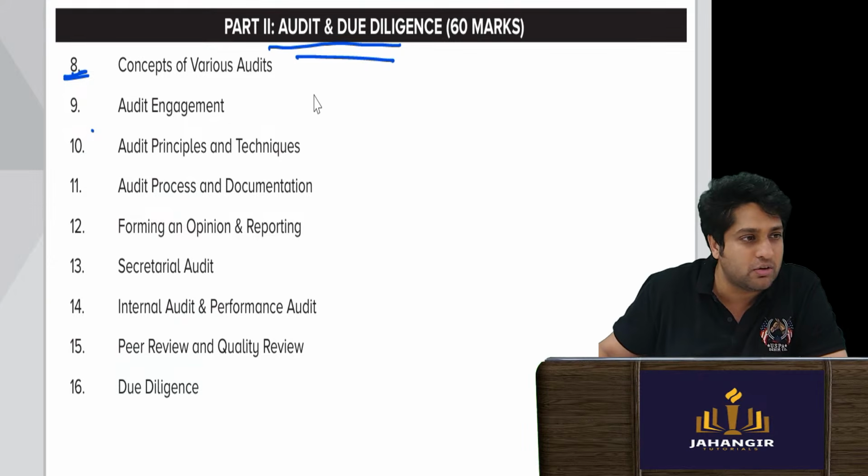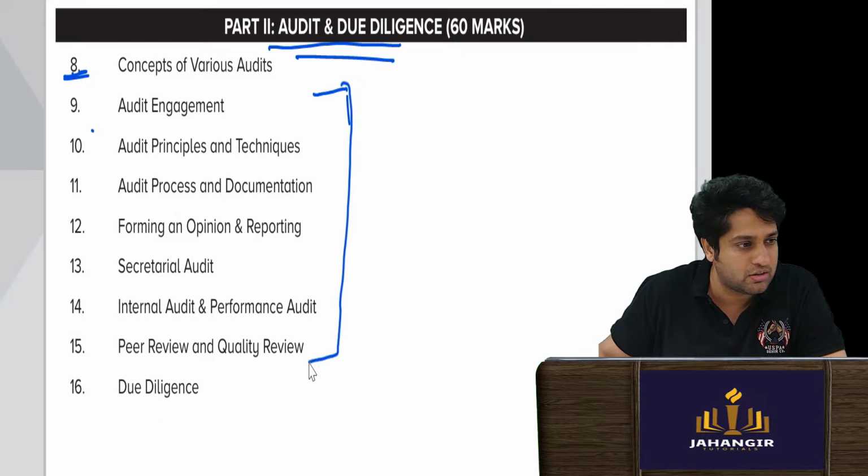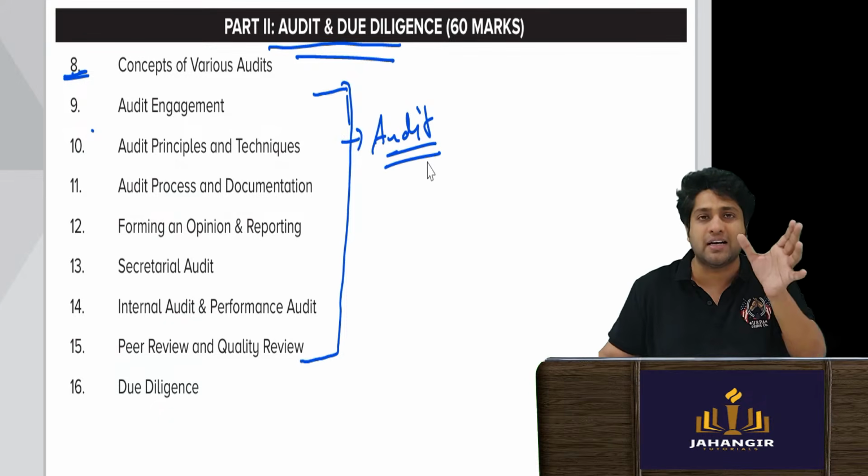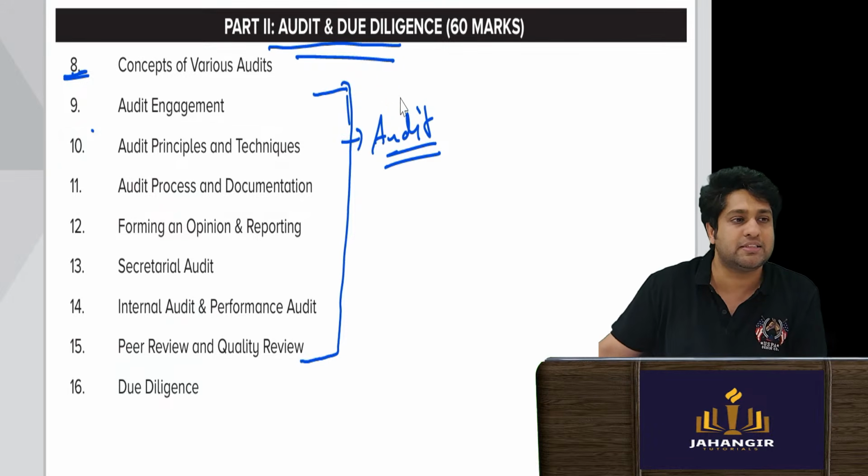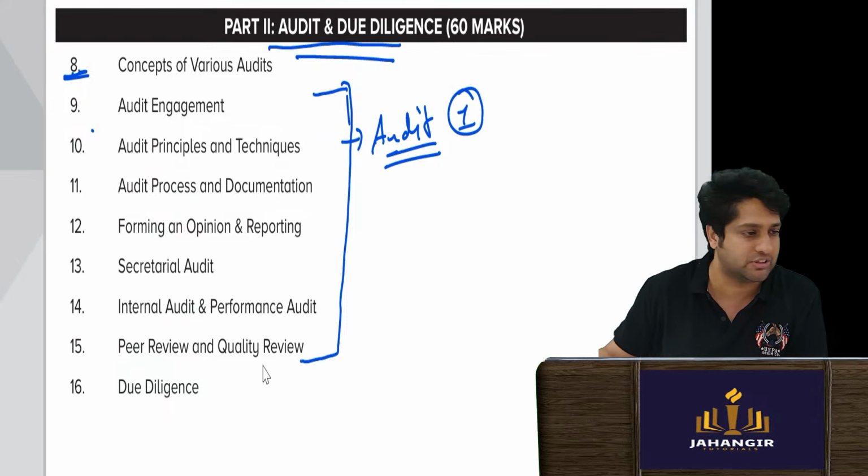You go in order, chapter number 9 till the very end, which is related to audit. What does it talk about? Audit. So you should start from chapter number 9, 10, 11, 12, 13, 14, 15. This I would say is the first phase of your portion completion.